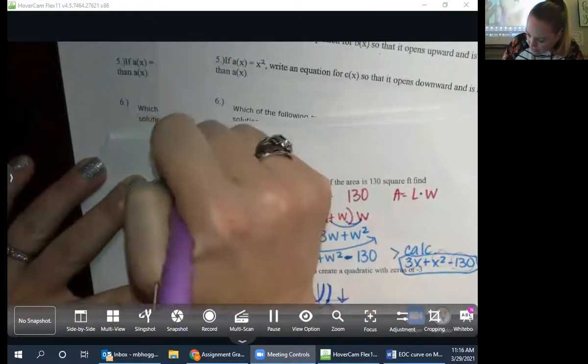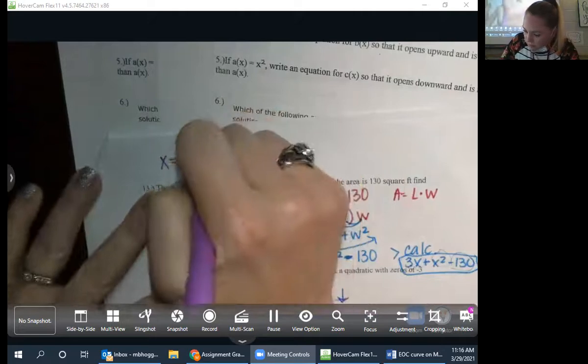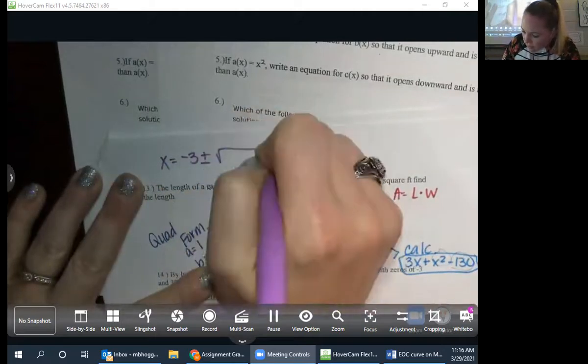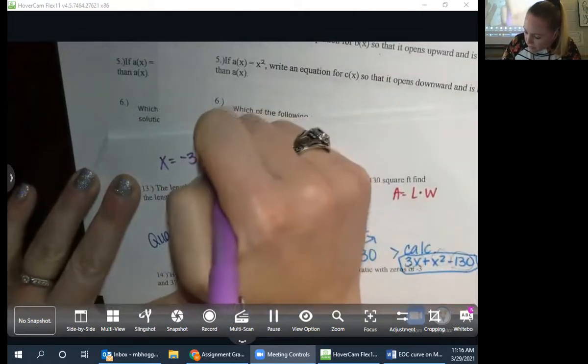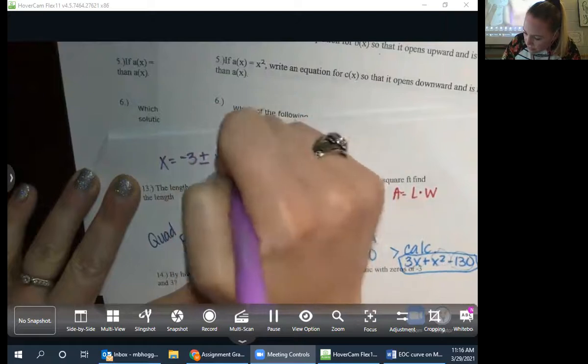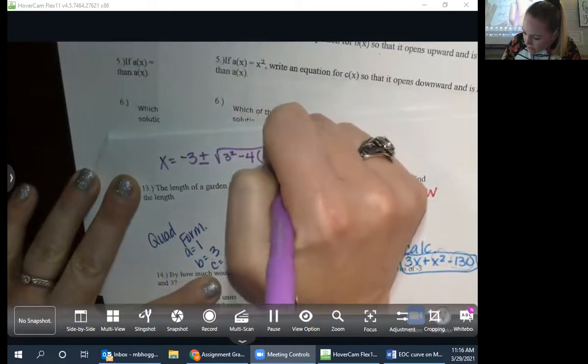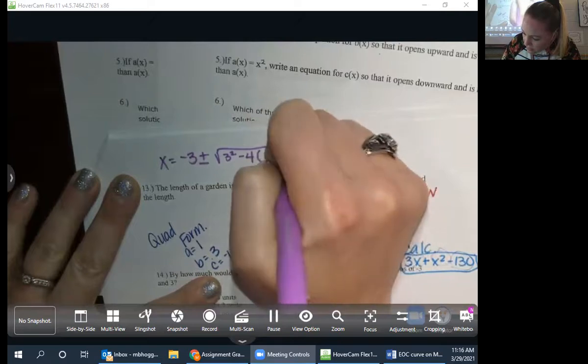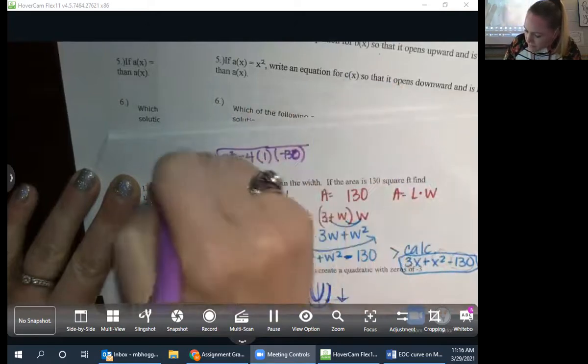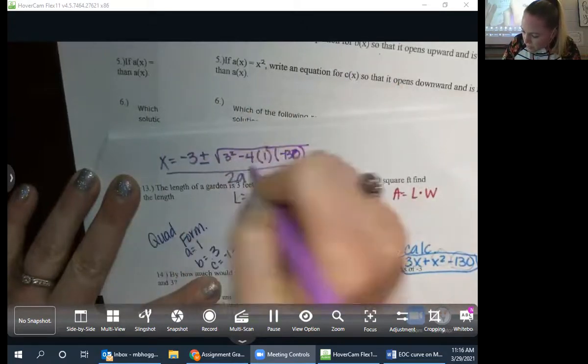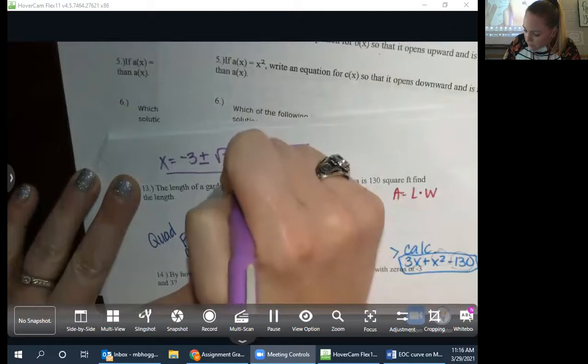X equals negative B, so negative 3, plus or minus the square root of B squared, so 3 squared, minus 4 times A times negative 130, all over 2A, which would be 2 times 1.